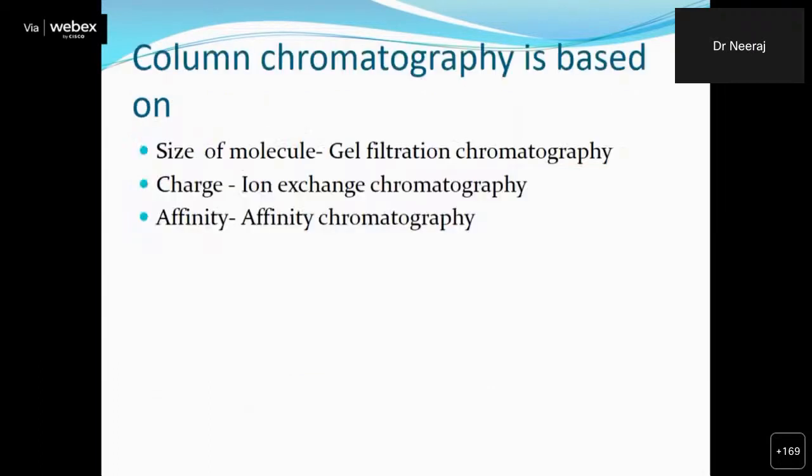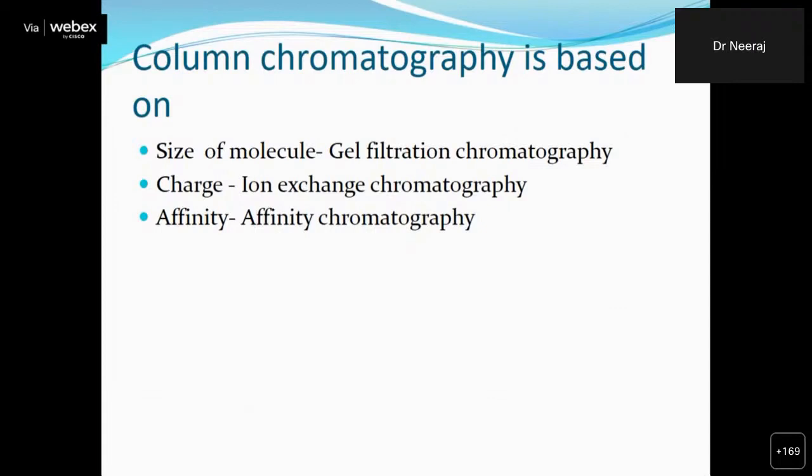Now we will focus on the first type of chromatography, which is called column chromatography. Column chromatography is based mainly on three things. This is important. If you know this, then you will easily get the idea of chromatography. The first is the size of the molecule. Size means molecular weight.